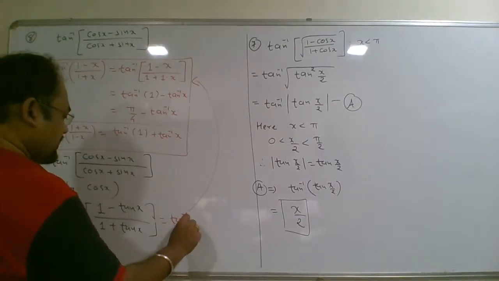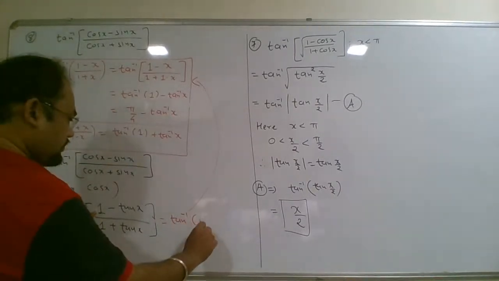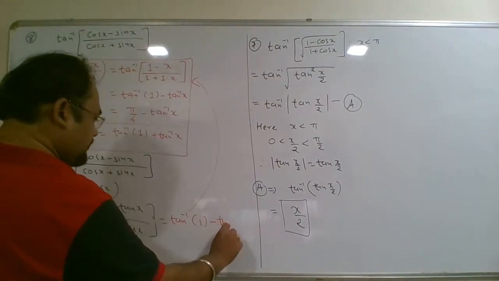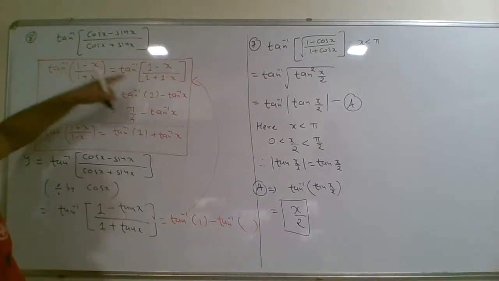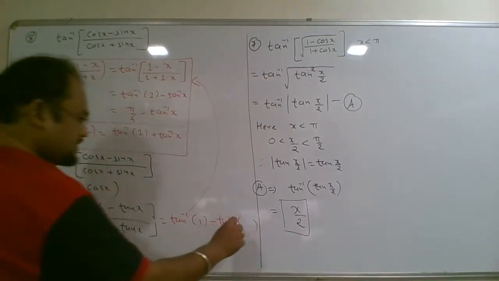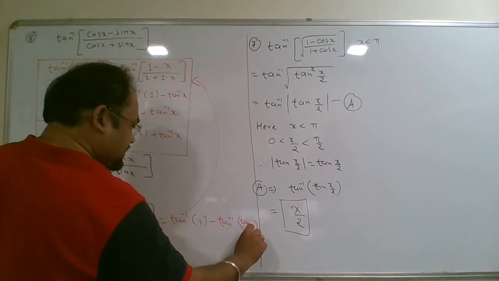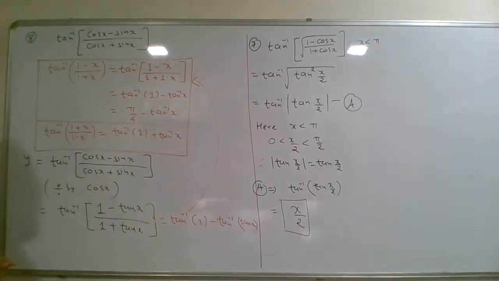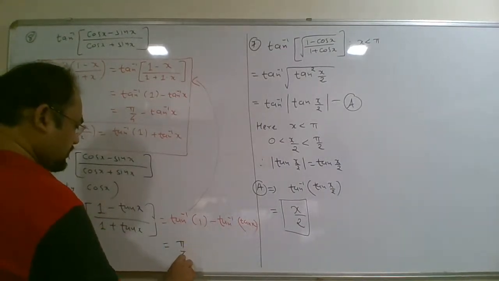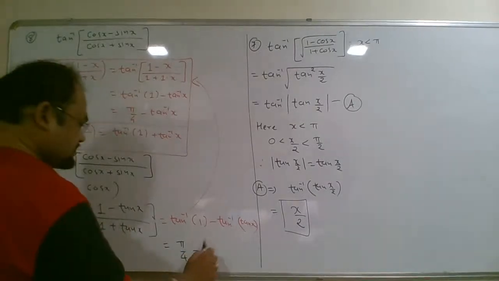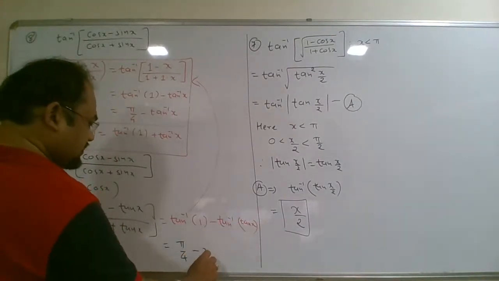It is equal to tan inverse 1 minus tan inverse, and whatever is in place of x will come; here it is tan x, so tan inverse tan x. And this equals pi by 4 minus tan inverse of tan x, it is x.